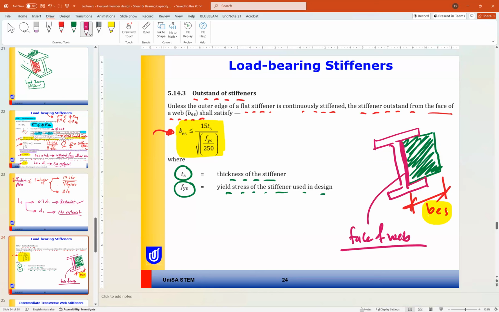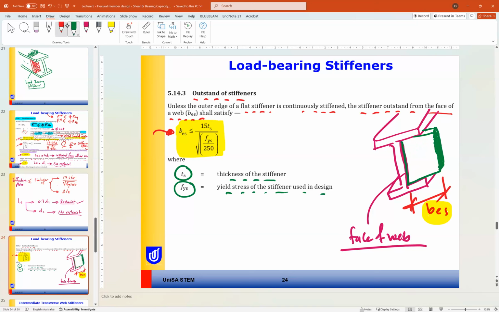So b_es will be less than or equal to 15 t_s divided by the square root of f_ys over 250. So this is the thickness of the stiffener.